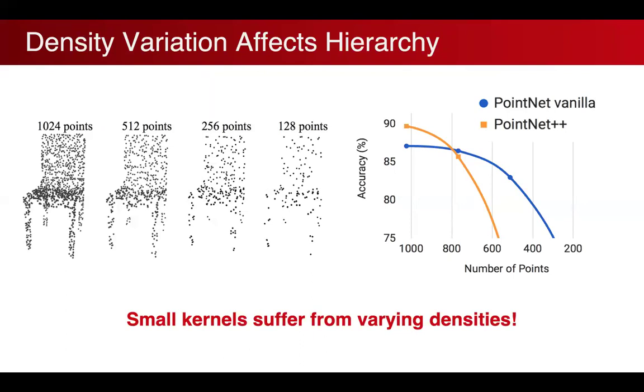So up to this point here, PointNet++ is better in terms of accuracy, but then the variable density starts to affect PointNet++ and it decays very rapidly, while vanilla PointNet is much more robust because it's not so sensitive to these local regions. So we need to address this density variation, and this is the last part of PointNet++.